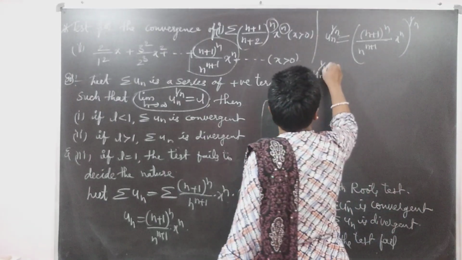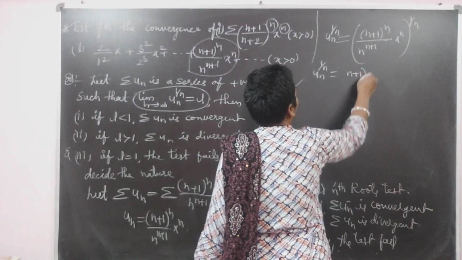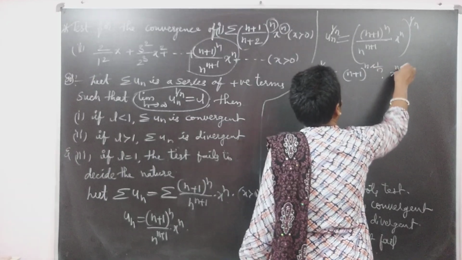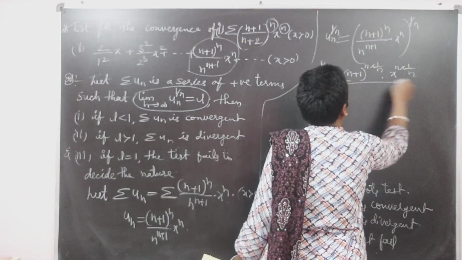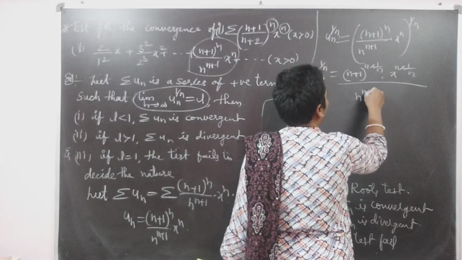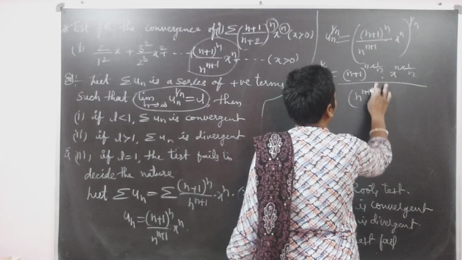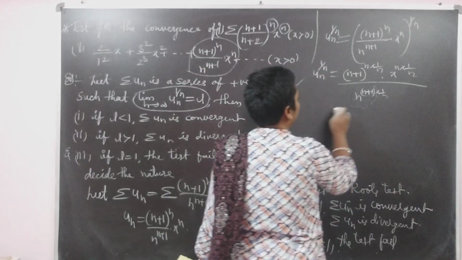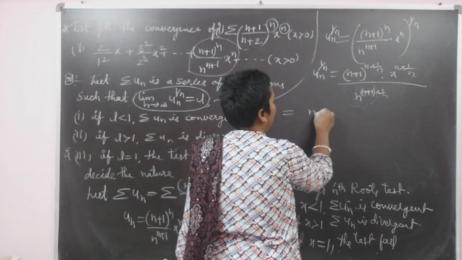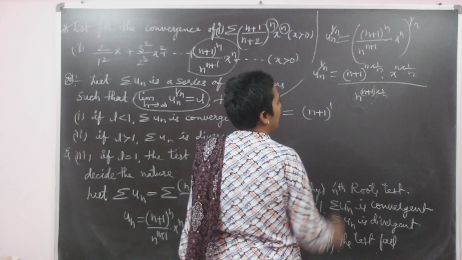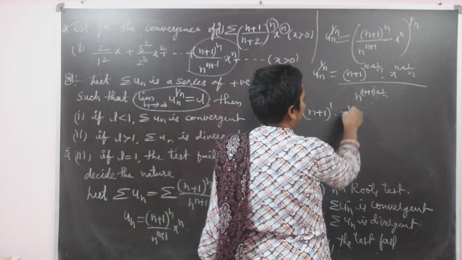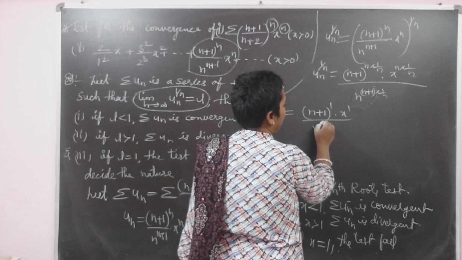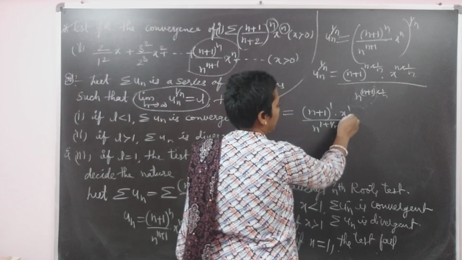Un power 1 by n equal to (n plus 1) whole power n into 1 by n, x power n into 1 by n, by n power (n plus 1) whole into 1 by n. It is equal to (n plus 1) whole power 1 into x, by n power (n by n), which is 1 plus 1 by n.